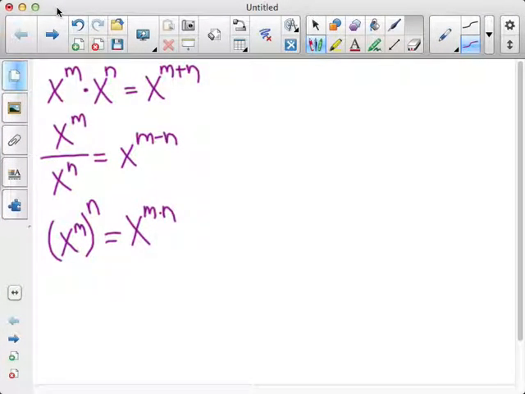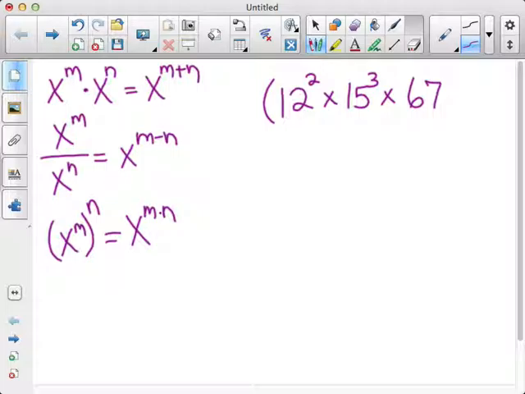For example, let's do a bigger string, so that you've seen what it looks like when we do one, but how about if we had something like this? We also know, from today's lesson, that we can distribute that power inward.